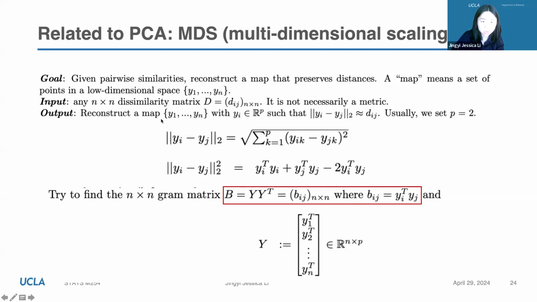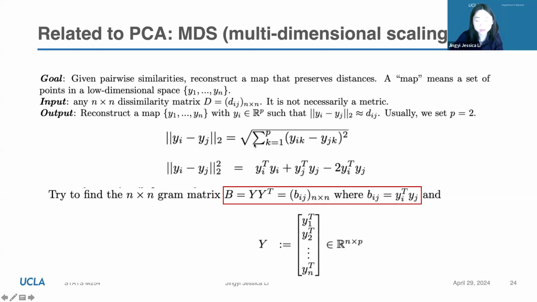And the output is y1 to yn, and you need to specify p, typically as 2 for plotting purposes. Your hope is that yi minus yj, double bar 2, which mathematically means the Euclidean distance, some people refer to as the L2 distance, the same thing, is very close to Dij in the input.